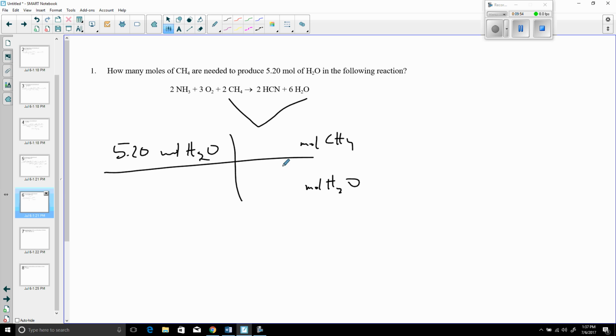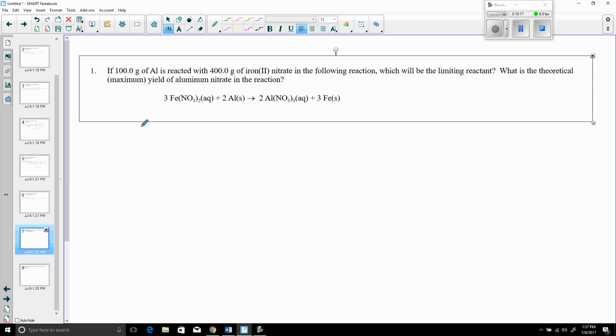So what is the ratio? 6 moles to 2 moles. And it's as simple as that. So we are done. We have solved the problem. 5.2 times 2 divided by 6, and you should get 1.73 moles of CH4. Moving on to the next one.